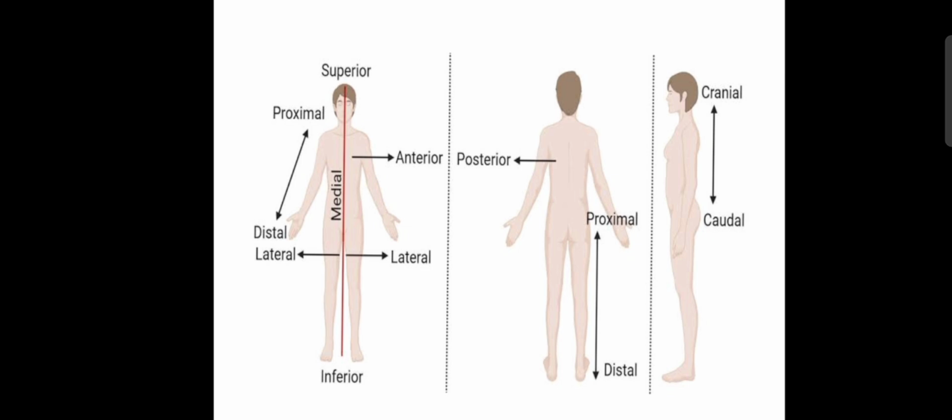Medial is midpoint of the body, and lateral means away from the body. Proximal and the distal. Proximal means which is near to your body. For example, joint of hand is proximal and palms of the fingers is distal end.